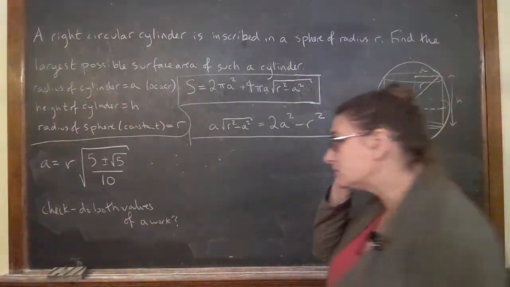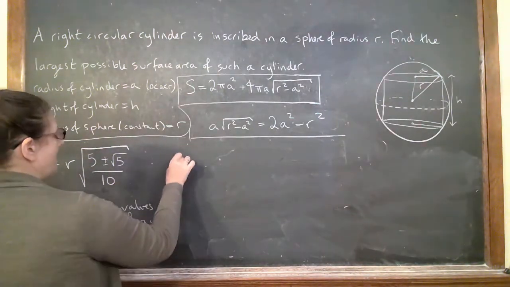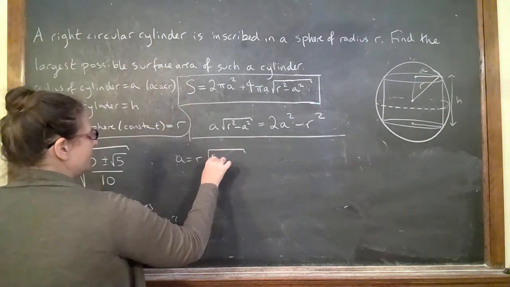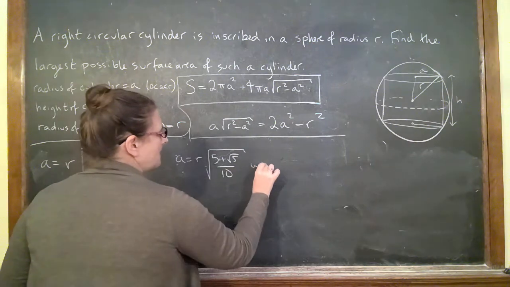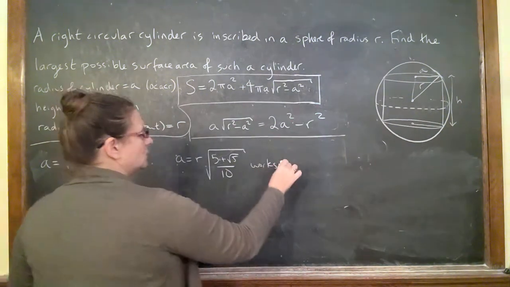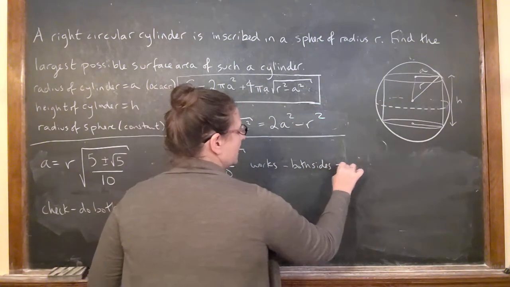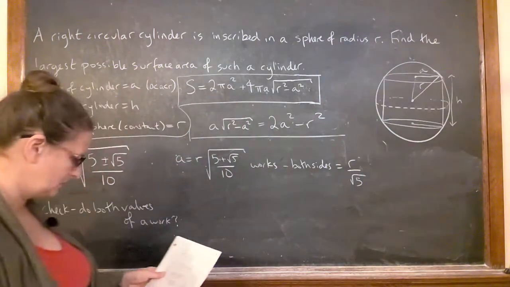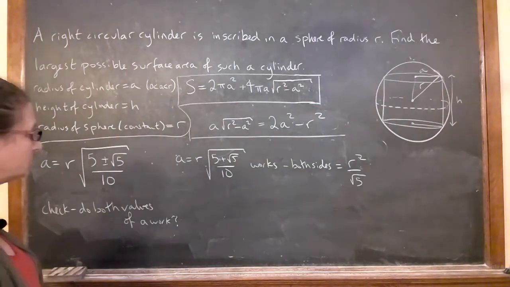It turns out for the first one, A equals R times the square root of 5 plus root 5 over 10 works. If I look at this equation, both sides equal R squared over the square root of 5.